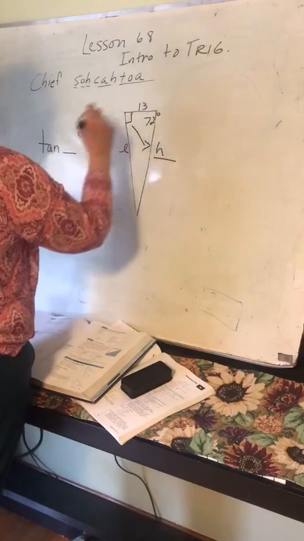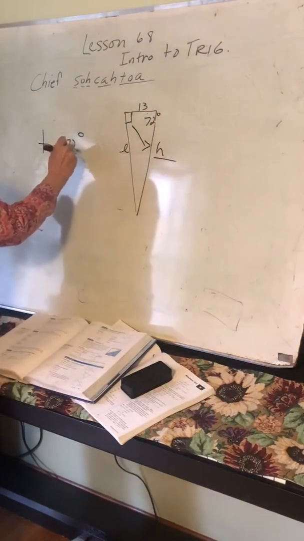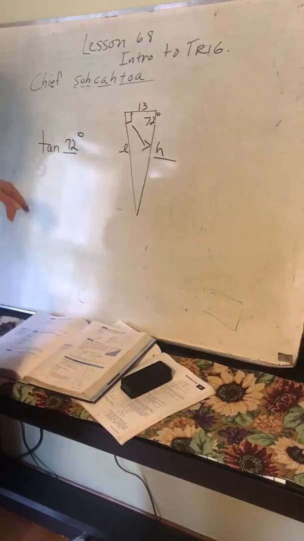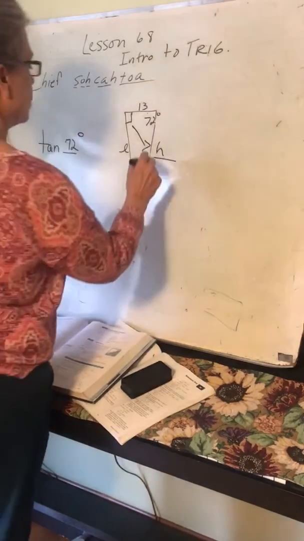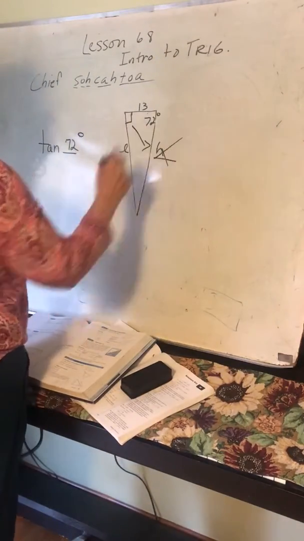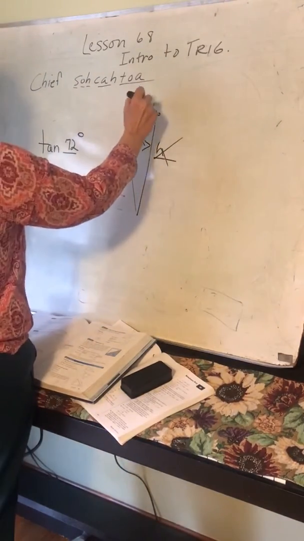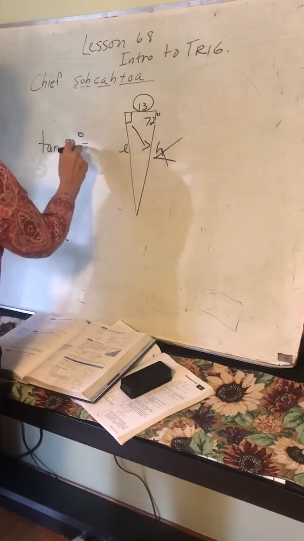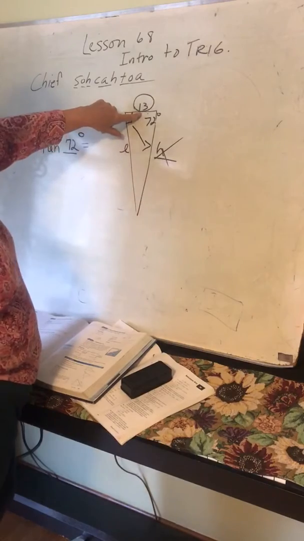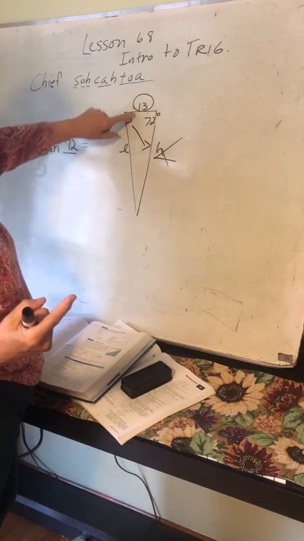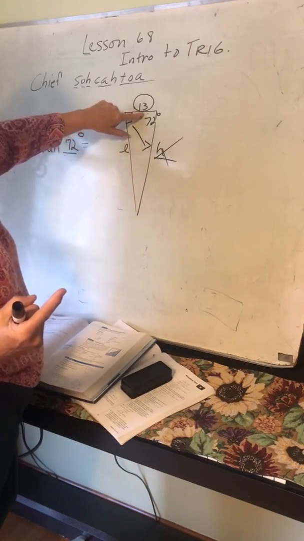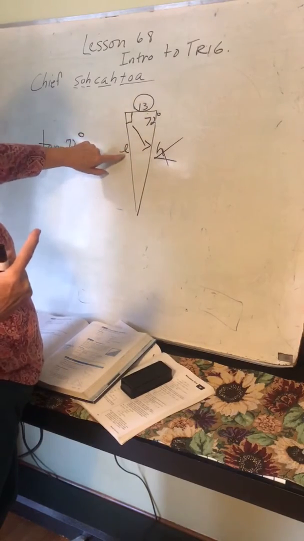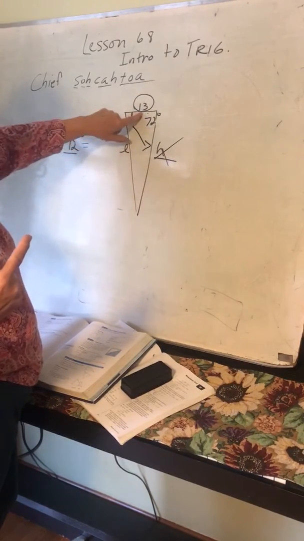So we have an angle of 72. Now what do we know? We don't know what the hypotenuse is, but we know we have this. And what is this? Is this an opposite? No, opposite would be E. We're looking for opposite, and this is an adjacent.